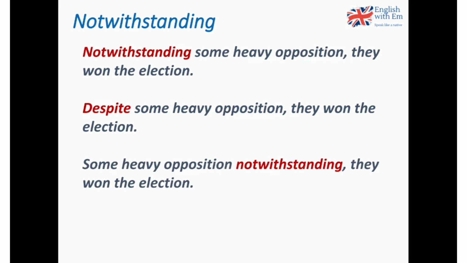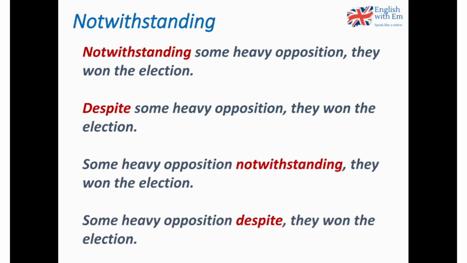So remember, we can put it at the end of the noun phrase. Some heavy opposition despite, they won the election. No. We can't put despite at the end of the noun phrase, but we can do that with notwithstanding. And in fact, this is the most typical or natural way to use notwithstanding, at the end of the noun phrase.